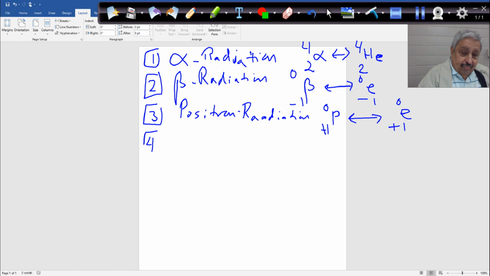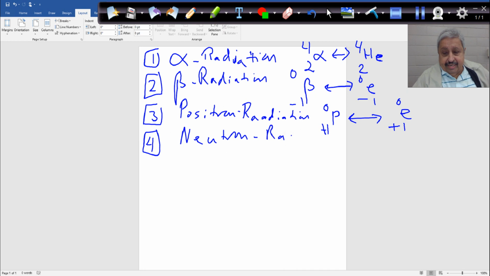Number 4, we have neutron radiation. N, correct? It has 1 of mass, 0 charge or 0 atomic number. Charge or atomic number mean the same thing in nuclear chemistry.